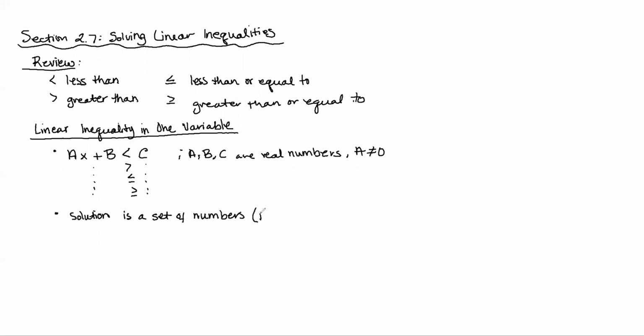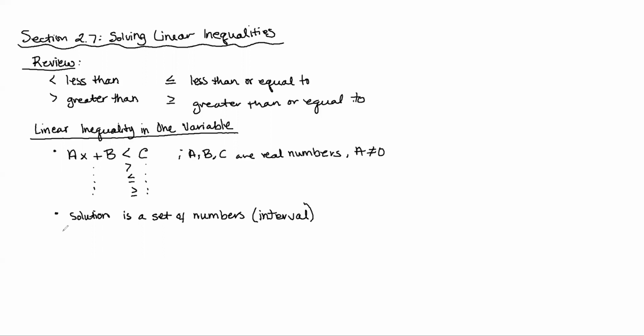And then we're going to talk about this as an interval. And that's because we're going to be using something called interval notation to describe our answers, because it's not just going to be x equals 2, it might be everything greater than 2 or everything less than 2.